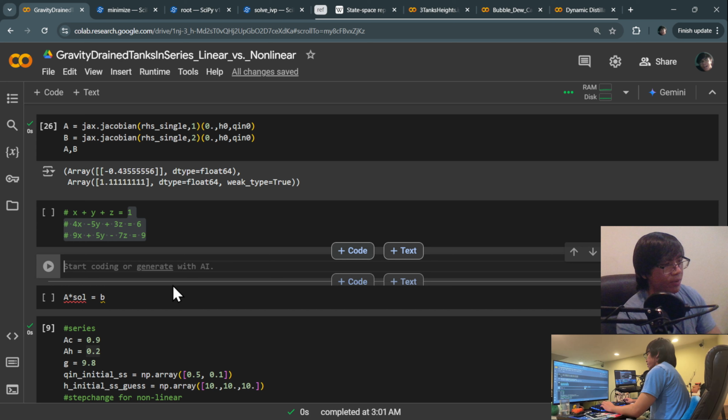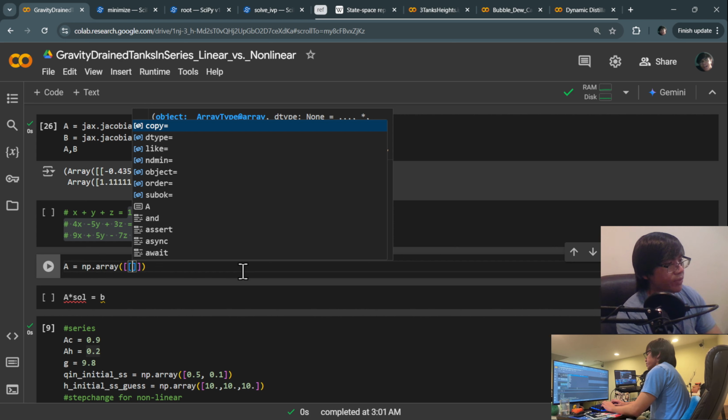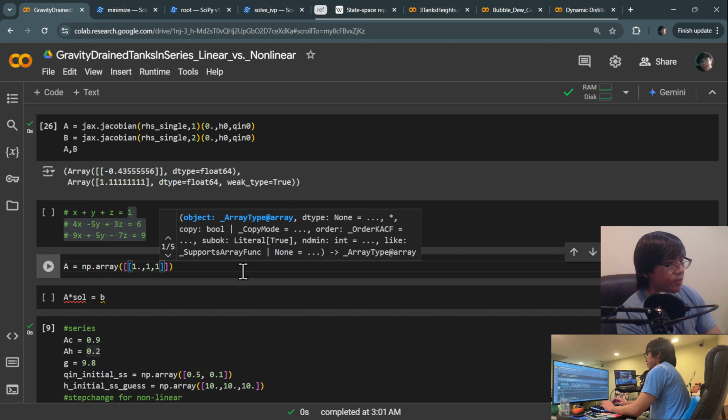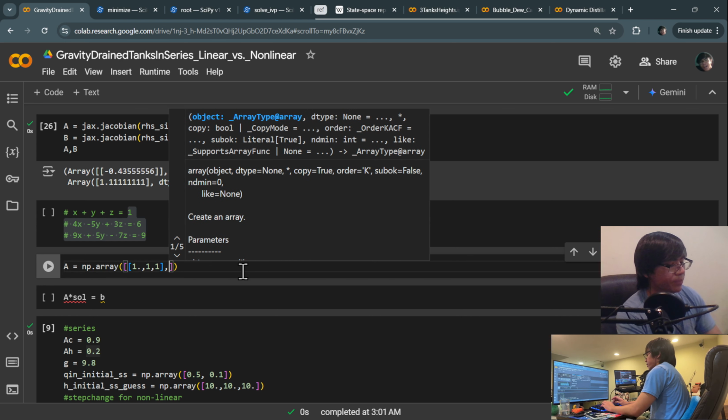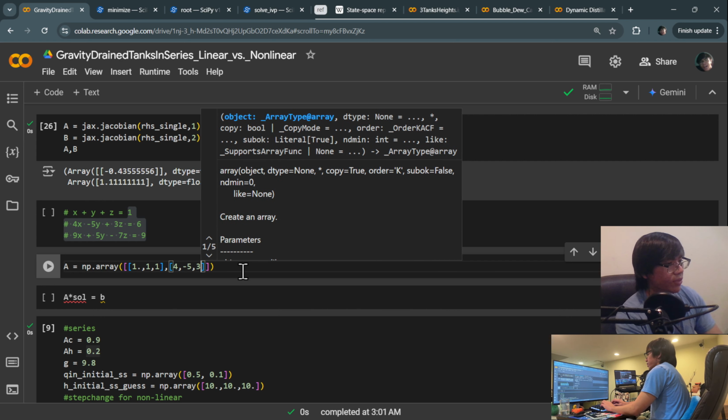The way I would represent that with the A matrix would be something like I'd create an array and put our list of variables. For the first one, it's just ones. The second one, we have 4, -5, 3.